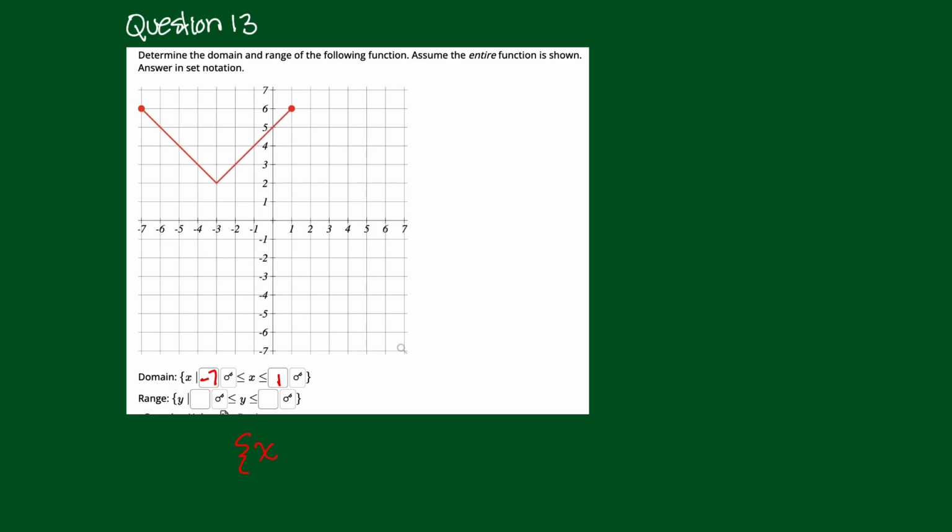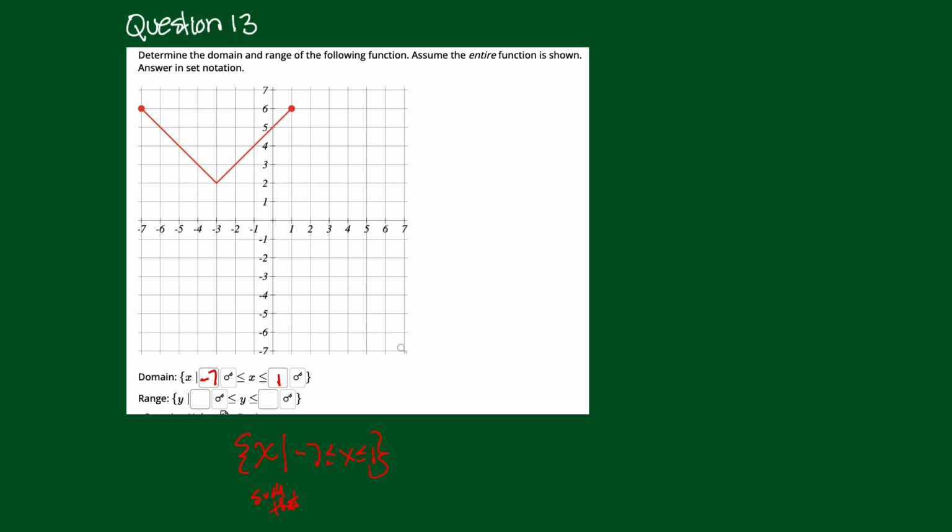It says the set, the collection, the set of all numbers x such that, that's how you read that, such that, and then what? -7 less than or equal to x less than or equal to 1. So what it says is this. This is the set of all numbers x such that those x values are between -7 and 1.